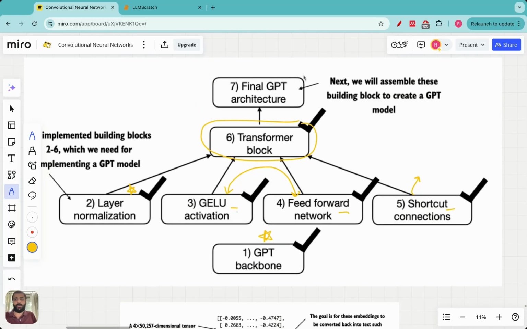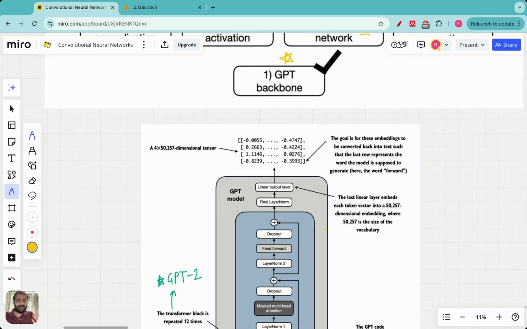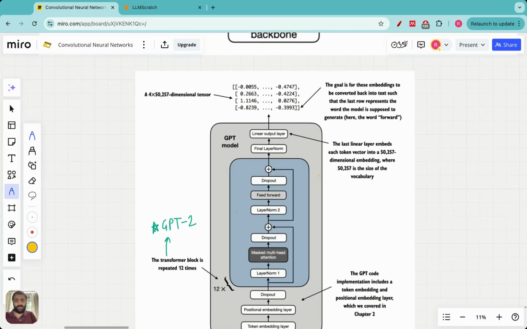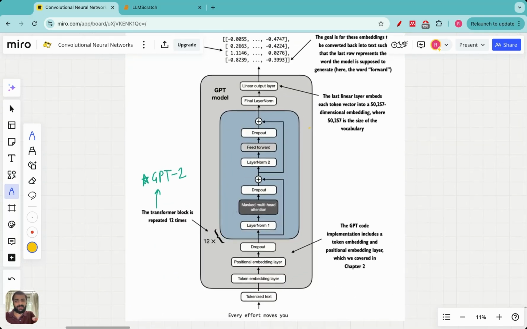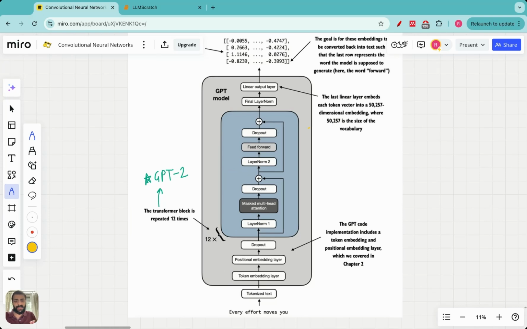Today, we are going to write code for this final piece of the puzzle, which is how point number one, two, three, four, five, and six come together to form the entire GPT architecture. Throughout these 4 to 5 lectures, we should have this visual figure in our mind. Here is what happens in the GPT architecture.